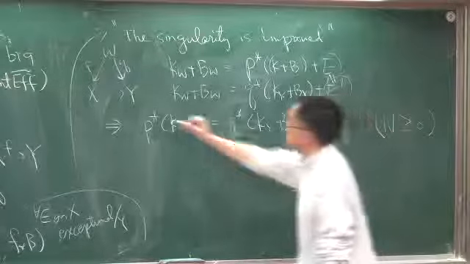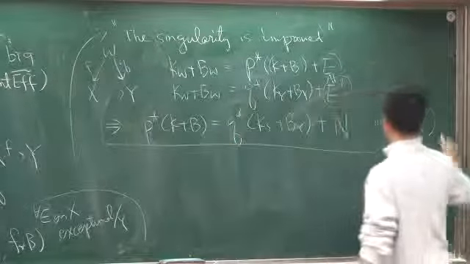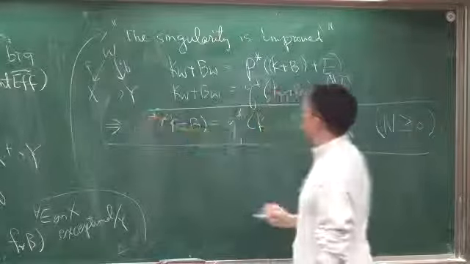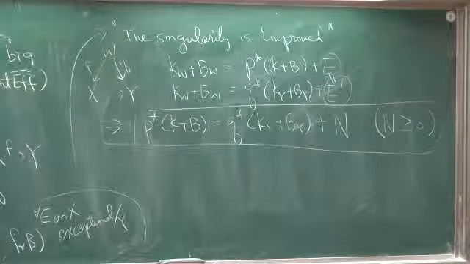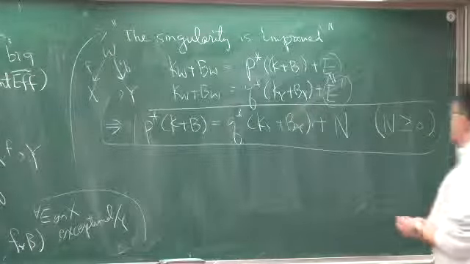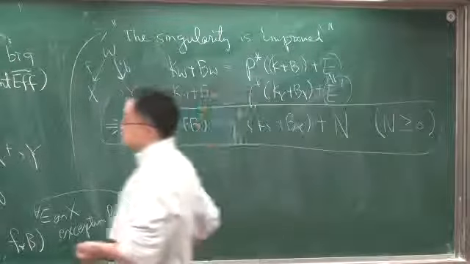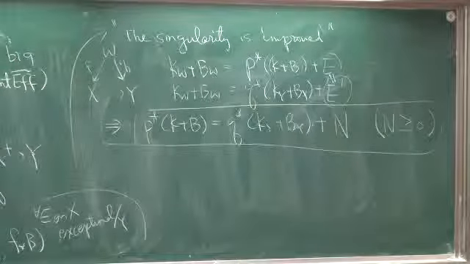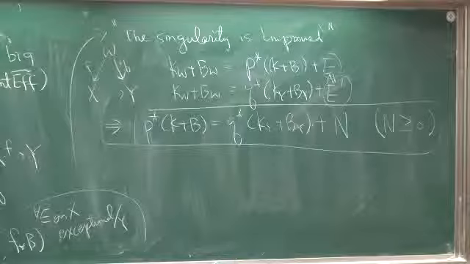We will use this condition; this becomes important. So this is what MMP means. If I say run the minimal model program on the pair, then it means you find this model.